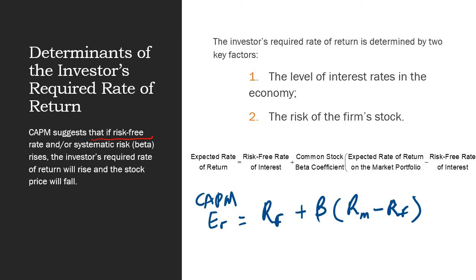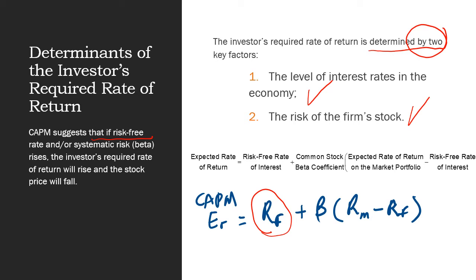So the investor's required rate of return is basically determined by two key factors. One is the level of interest rate, and two, the risk of the firm's stock. Okay, so basically the CAPM formula for expected return is equal to the risk-free rate plus beta.